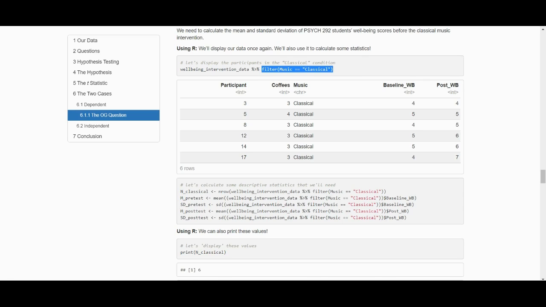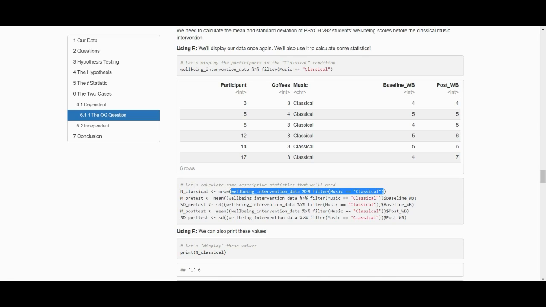In this way, we've effectively only selected the 6 participants that are in the classical music condition.